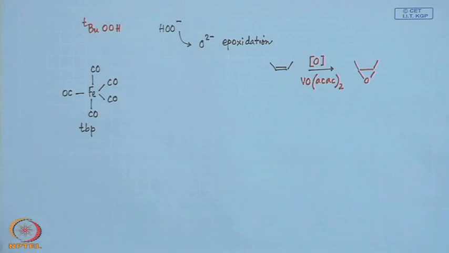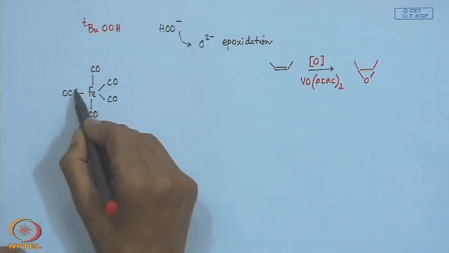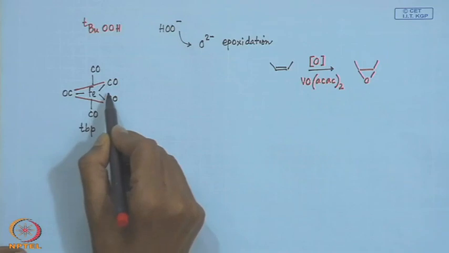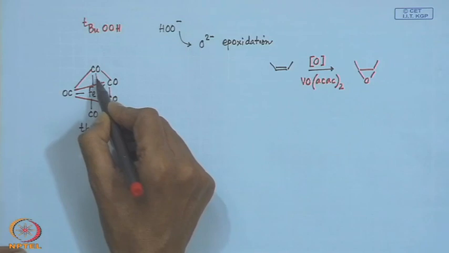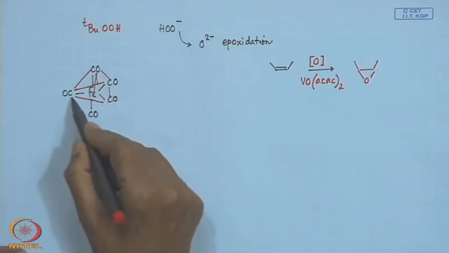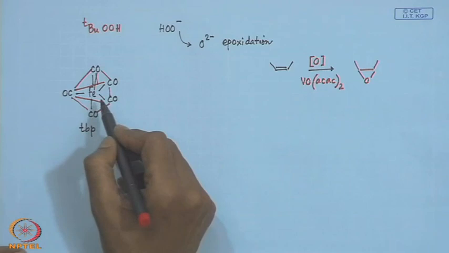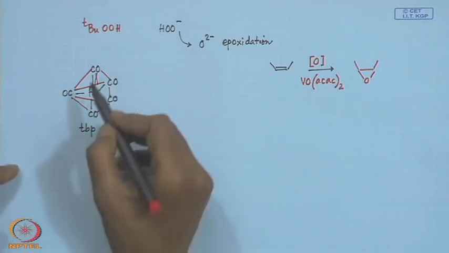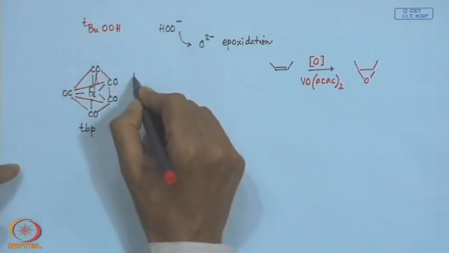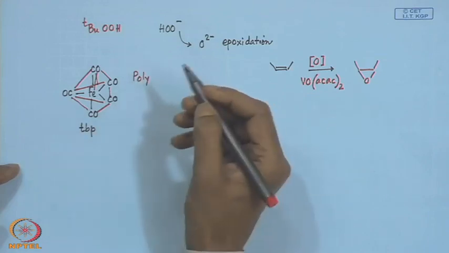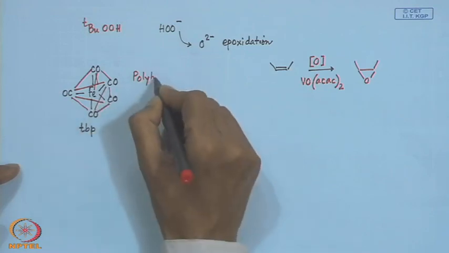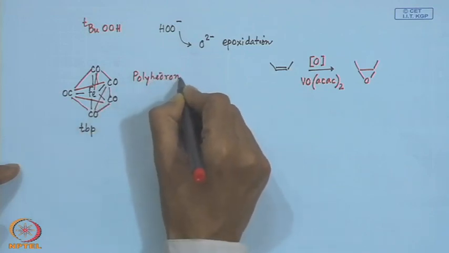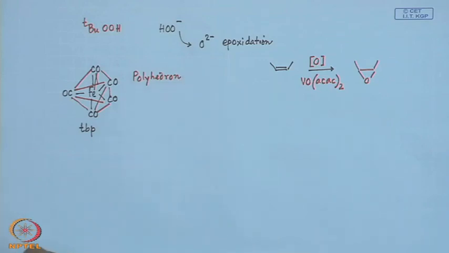So, this TBP geometry is present, and the corresponding polyhedron is trigonal bipyramidal in structure.